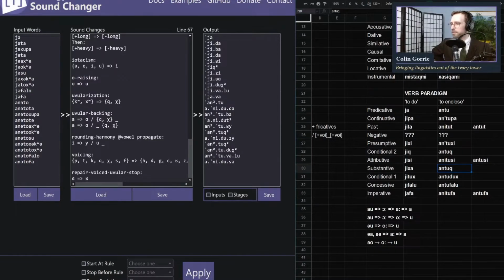Question from Raven Might. The removed e was actually stressed. Yes, it actually was. So in the case of aniduzi, the inherited form would be aniduzi. But what we've done is we've analogized it because we have this root antu.